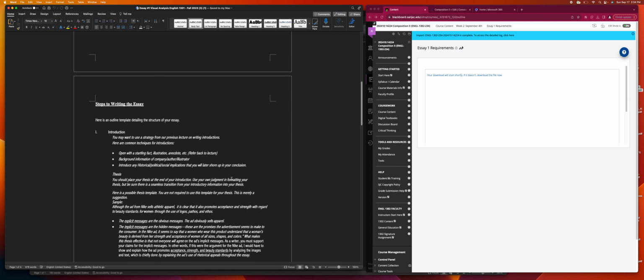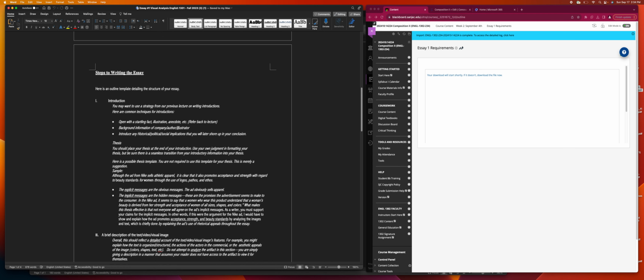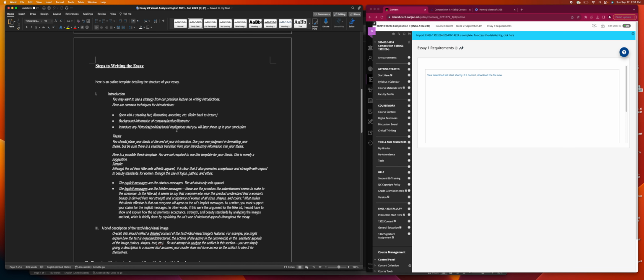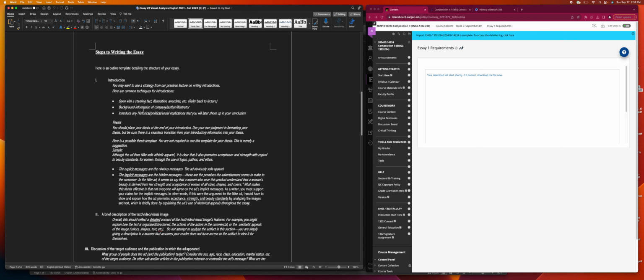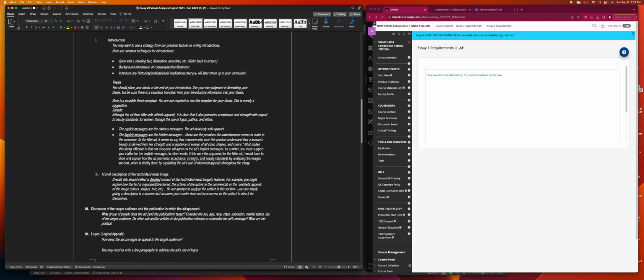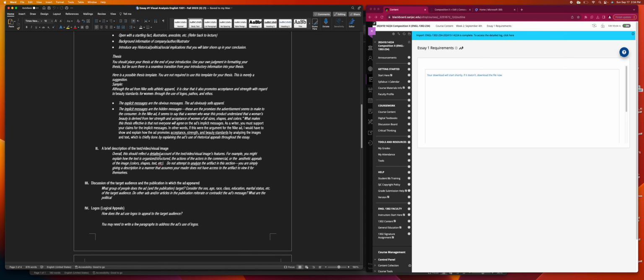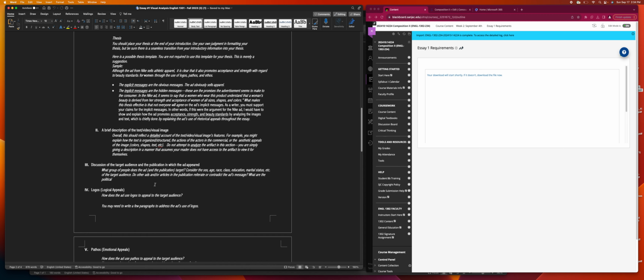Right? If you did not look at this outline, I would suggest you do so, because this outline gives you the template for how many paragraphs your essay will have and the actual order of those paragraphs. Your first paragraph should be an intro. Second paragraph is going to be a descriptive paragraph describing the visual. Third paragraph is on audience.